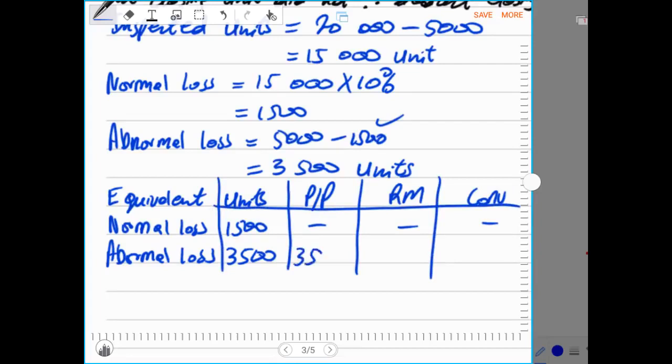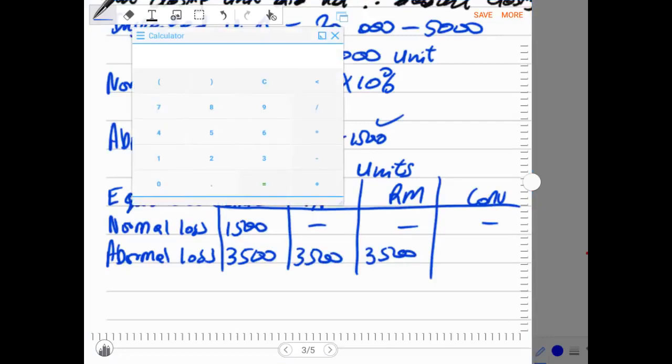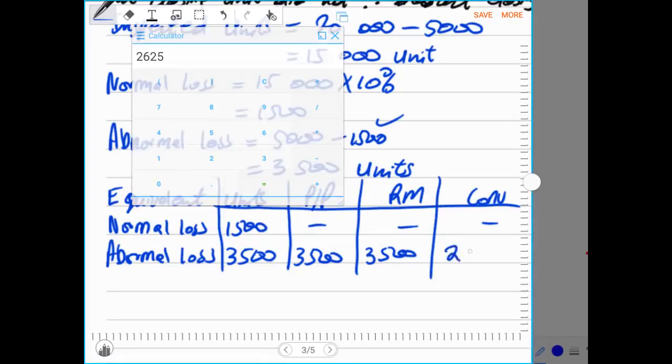3,500. Only 75% of 3,500 will be allocated to our conversion cost, which is 2,625.